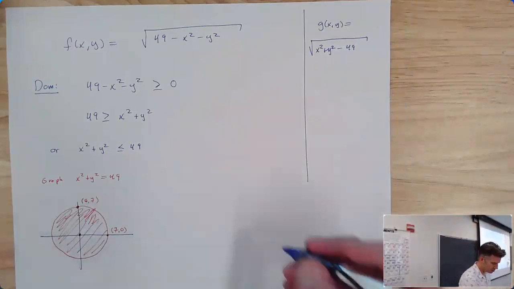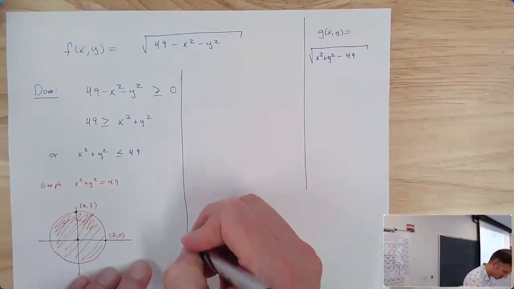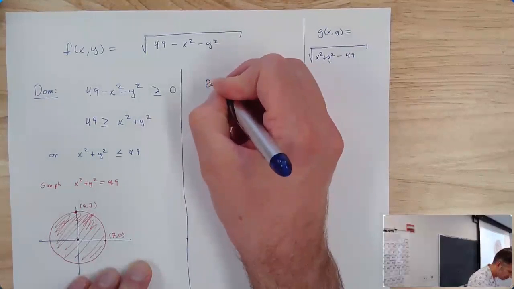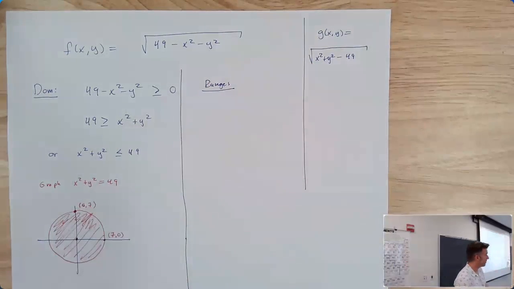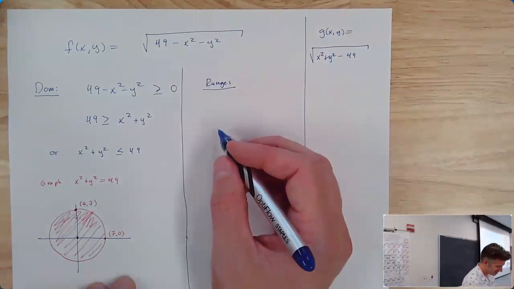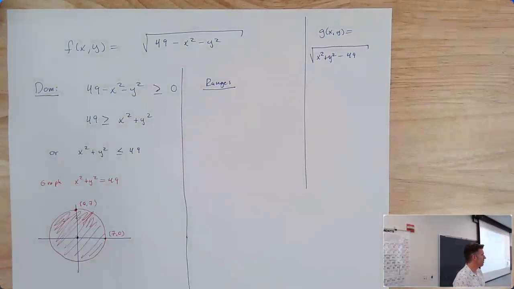The range here, which we'll also see when we graph this function, looks like the following. Well, what's the smallest we can get? Yeah, the smallest we can get is 0.